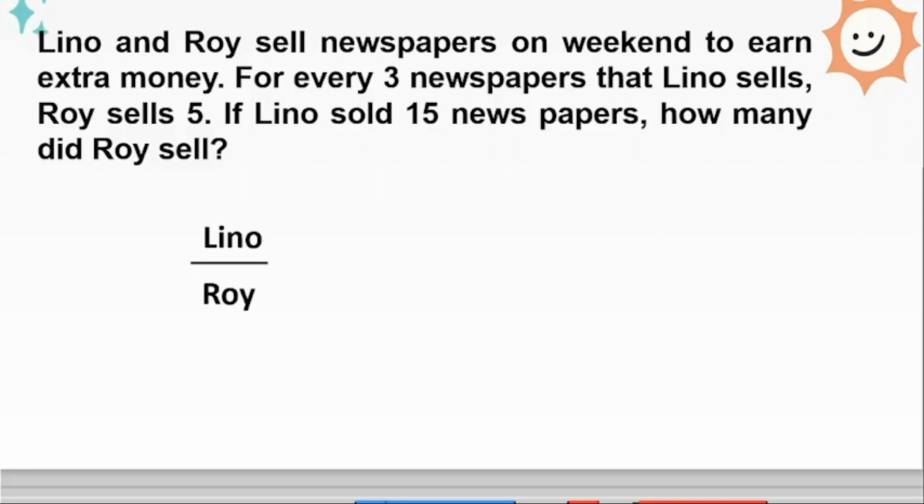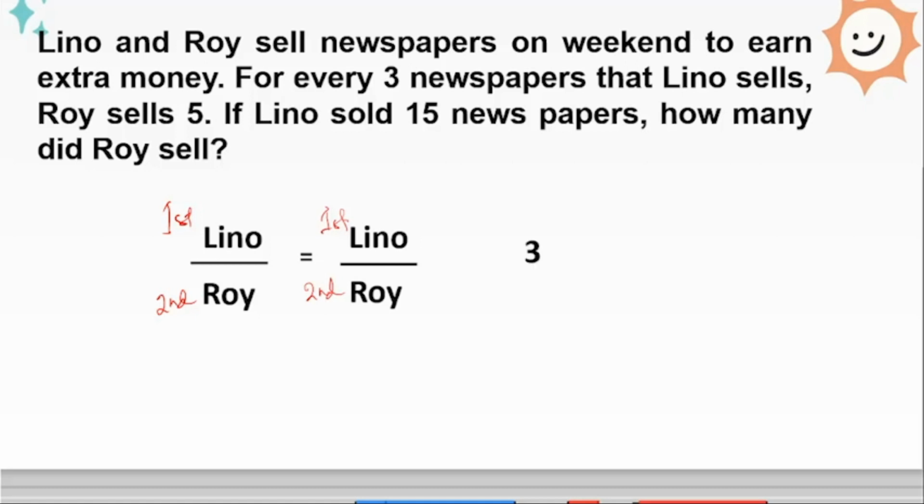First term, second term. So ibig sabihin, first quantity is for Lino, then second quantity is for Roy. So, yan yung unang ratio. To form a proportion, sa second ratio, first quantity pa rin si Lino, then second quantity din si Roy. So, ganyan yung pag-set up. Lino to Roy as Lino to Roy.